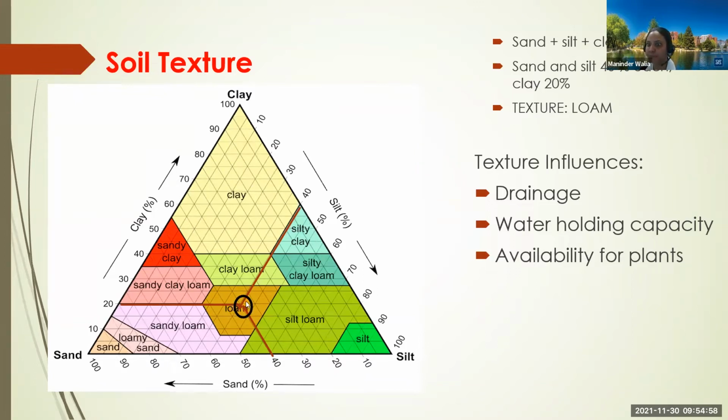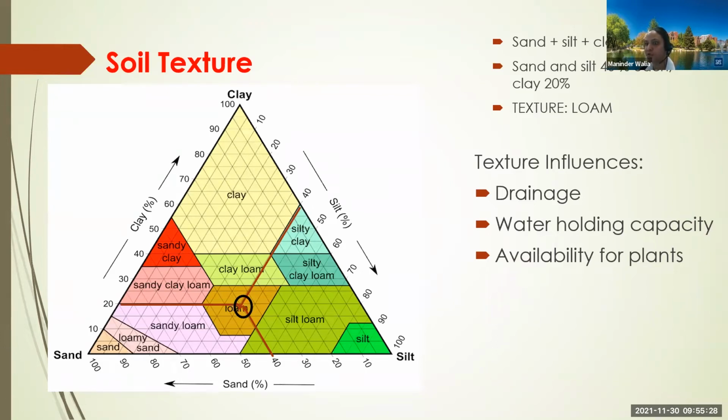As I mentioned before, texture is very important as it influences the other physical and chemical properties of the soil. Fine textured soils generally have a higher capacity for water retention, whereas sandy soils contain larger pores that allow more leaching. Knowing the texture also helps growers or producers make better decisions about the timing of fertilizer application or irrigation needs.